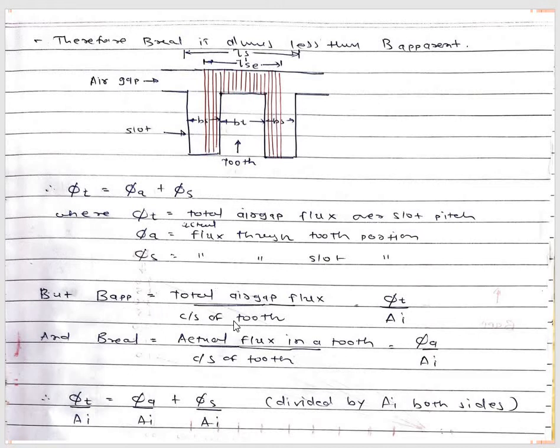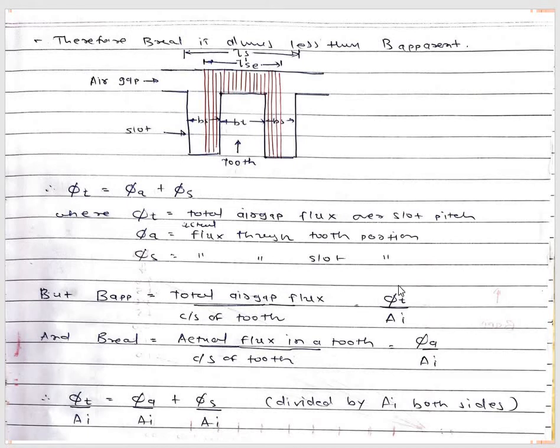Because we know that B is given by phi by A: flux density is equal to flux divided by cross section area. Here we are calculating for the tooth, so it is given by the total air gap flux divided by the cross section of the tooth.